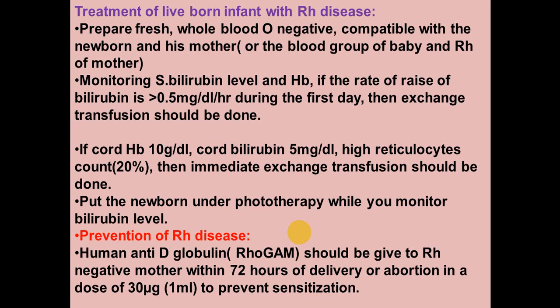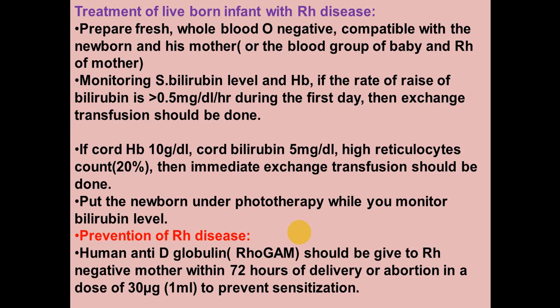And if we are in an emergency condition and we need to do urgent blood exchange transfusion, we request O negative blood group that should be compatible with the newborn and his mother, or we may choose the blood group of the baby and the RH of the mother.